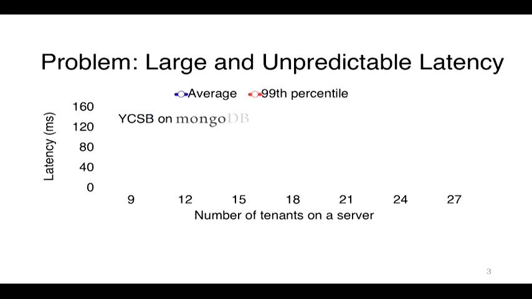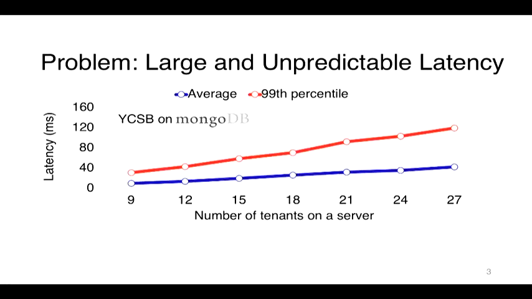However, we've seen that such replicated storage systems can suffer from large and unpredictable latencies. This result shows one such measurement, the latency of MongoDB in a multi-tenant setting running YCSB, which is a popular database benchmark workload. The x-axis is the number of tenants in a server, and the y-axis the latency for running the workload.